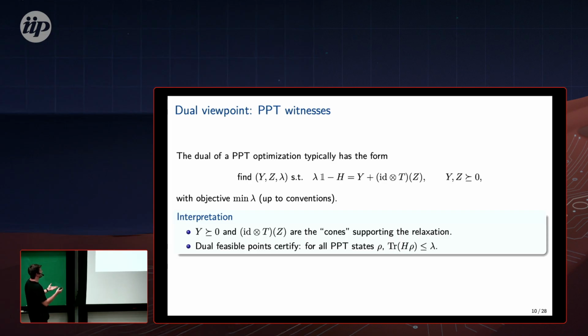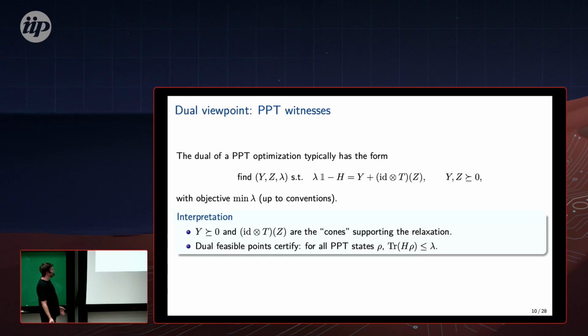We can also write the dual of PPT, as we discussed. Finding this dual requires a bit more work than just the recipe I showed you in the morning. In the notes, it's explained how you get this. But what you then get is some linear matrix equality that you need to fulfill, and you need to optimize over parameters lambda.